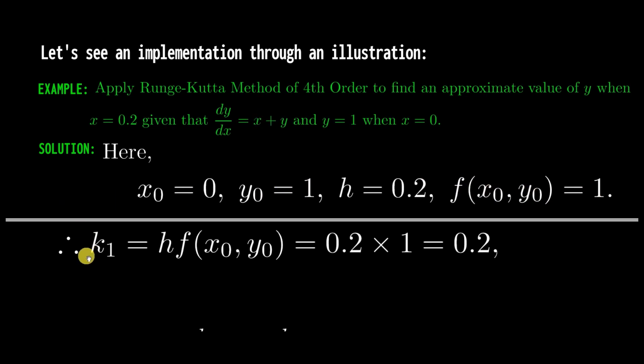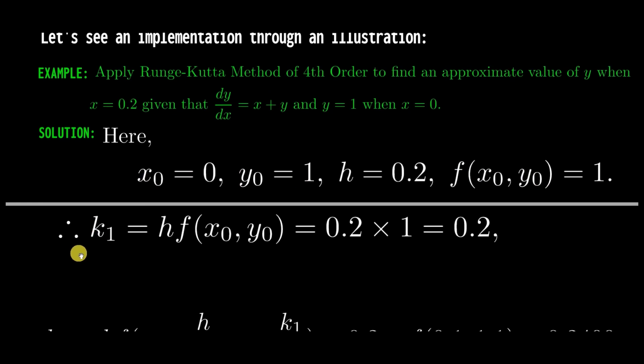Okay, now let's see the expressions one by one. K1, from the earlier expression, is h into f of x naught, y naught, just substitute the values which we have on hand. H is 0.2, f of x naught, y naught is 1, that is nothing but 0 plus 1, okay, and hence 0.2 times 1, that is 0.2.